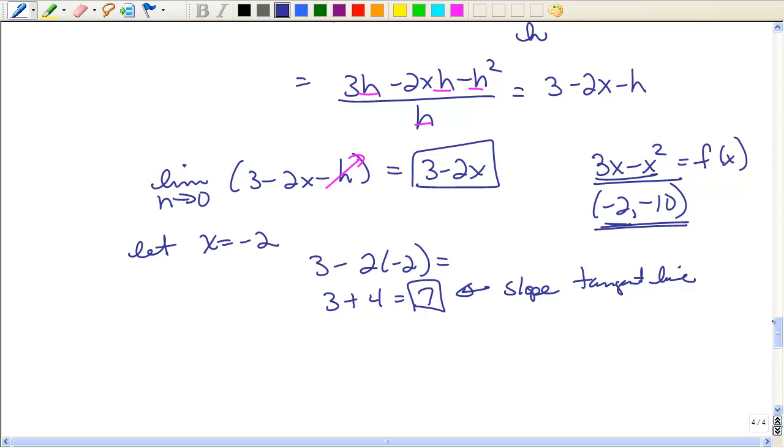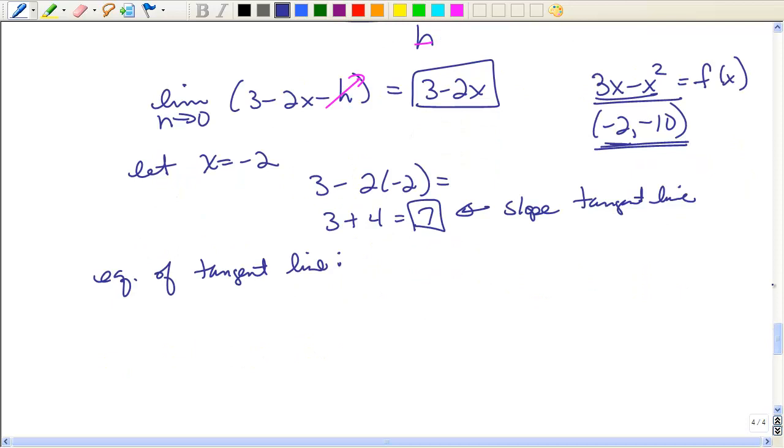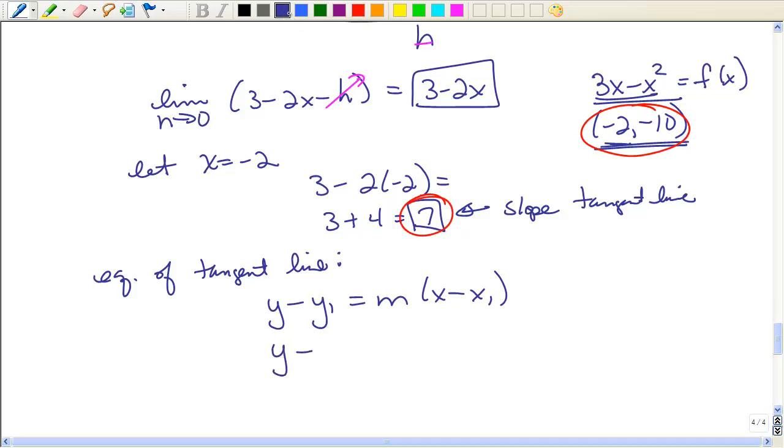Now I want to determine an equation of the tangent line. So now I've got to go back to some really basics. I've got to know how to find an equation of a line. I'm going to use the point slope form because that's what I have. I have a point and I have a slope. That's very convenient. So I have y minus negative 10 equals the slope times x minus negative 2.